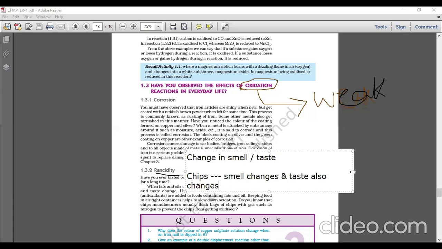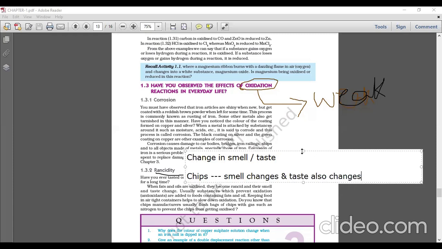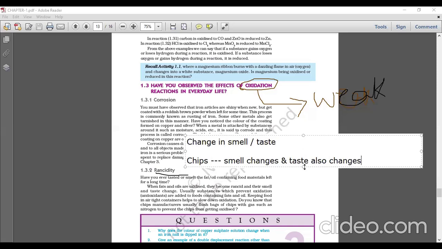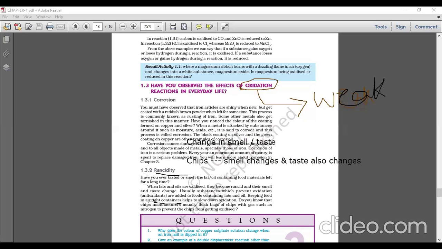So then what will you do? How will you preserve those substances which are made up of oil and exposed to oxygen, to save them from smell and taste changes? You need to use tight containers. Like what we do when preserving pickles, we keep them in tight containers, right?